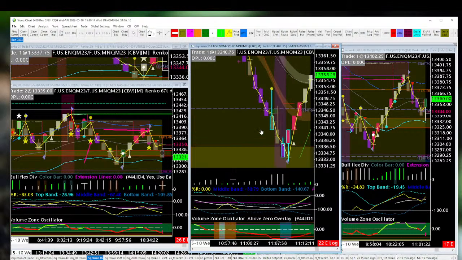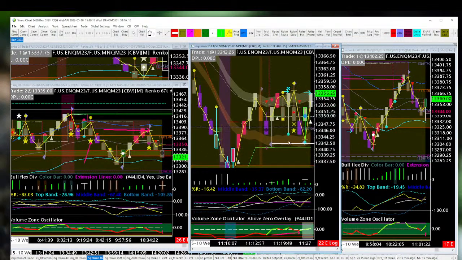And with the hidden divergence like this, where we get a higher low on price but a lower low on the indicator, that is only relevant in the direction of the trend on that time frame. Well, you can see on this time frame we're making a higher high, a higher low. It's bullish on this time frame.